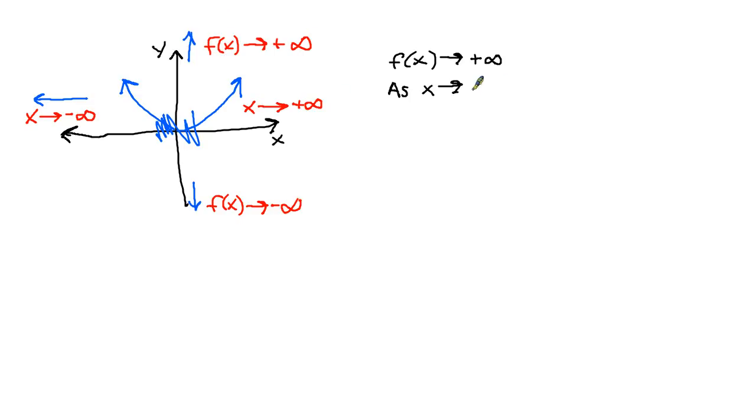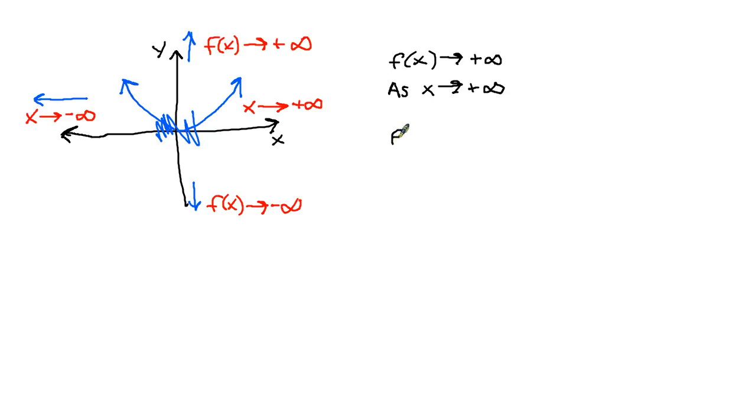So we would say f of x goes to positive infinity as x goes to positive infinity. The other thing we have to do is describe this other end of the behavior.